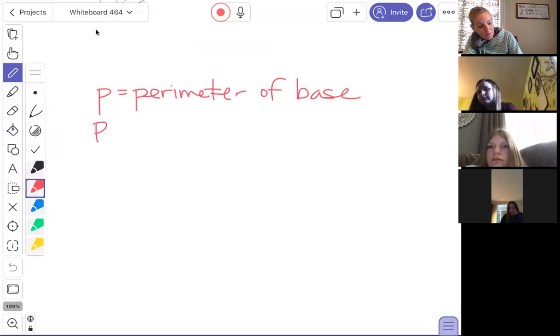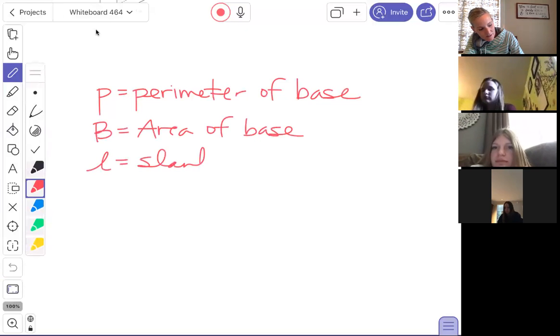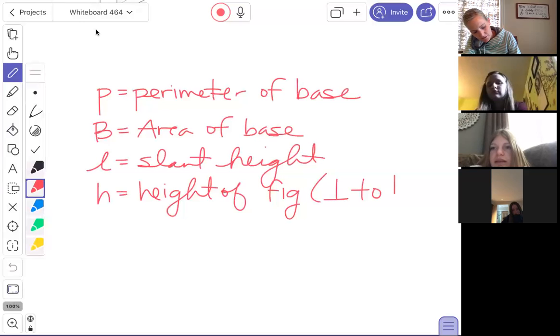When you see a capital B, they're talking about the area of the base. When you see L, they're talking about the slant height. When you see an H, they're talking about the height of the figure. So that's always going to be perpendicular to your base, whatever line is perpendicular to your base.